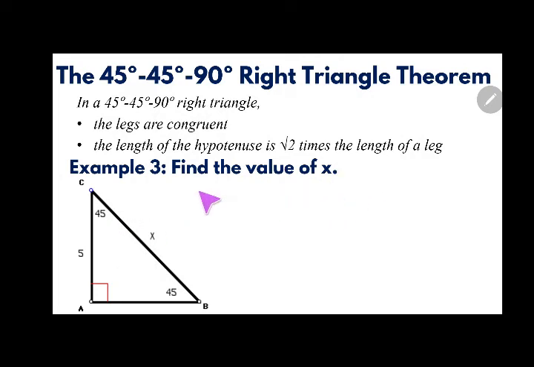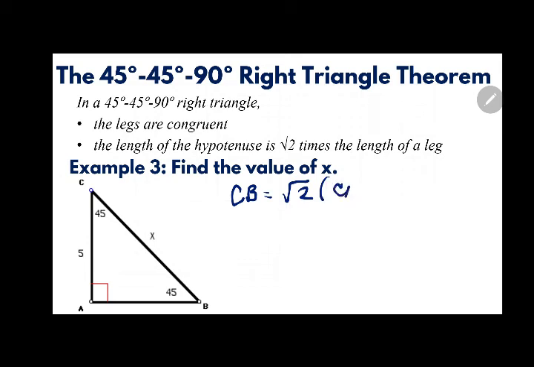So, example number 3, we need to find the value of X. So, ang X ay ang sukat ng hypotenuse. So, gagamitin natin ang second part ng theorem. Sabi sa theorem, ang haba ng hypotenuse, so ang hypotenuse ay CB, ay equal sa square root of 2 times the length of a leg. So, ang given na length ng leg ay 5 units.